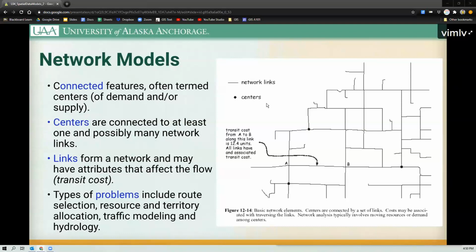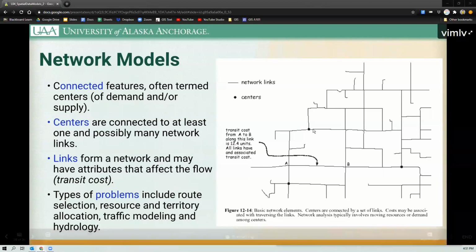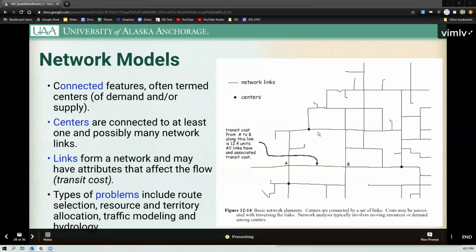So you have connected features that are connected at centers. So the distribution center analogy is a really good one, or say you're serving out memory from a computer system, or trying to deploy a fleet of vehicles from a geographic point. Those would be your centers, and your network links are represented as your line geometry. And in a geospatial system, those would have vectors at intersections and turns to represent those lines.